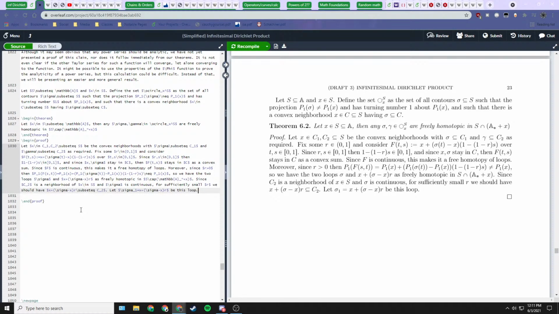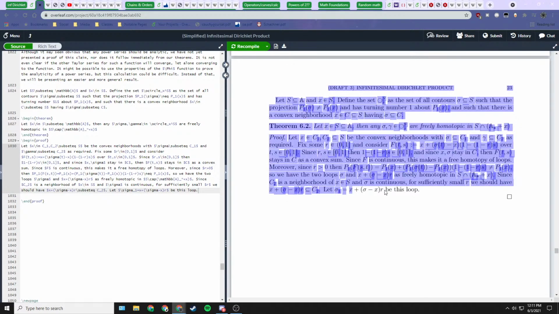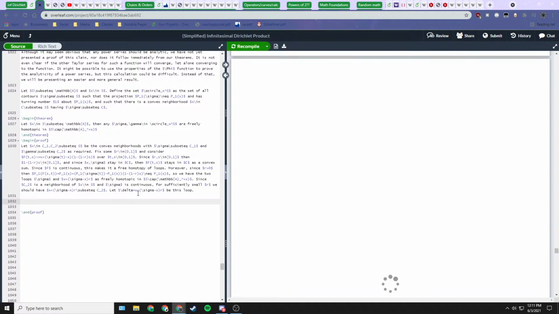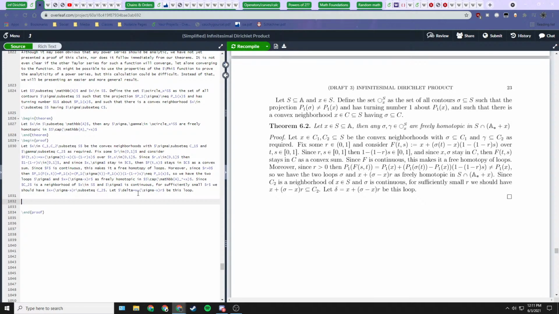So we've shown that although we started with two different convex neighborhoods, we've created a homotopy to some contracted loop sigma 1, such that they're actually in just one neighborhood, C2. We could use a different symbol. Instead of sigma 1, we could just do delta, because why not?